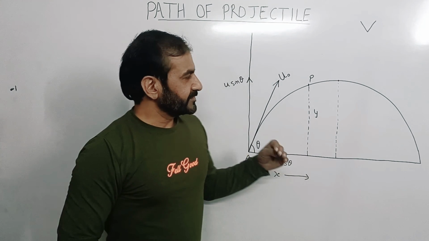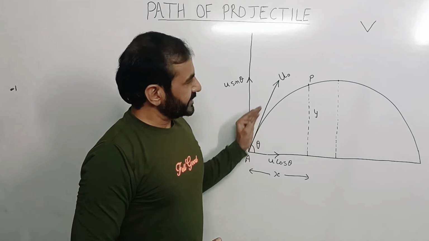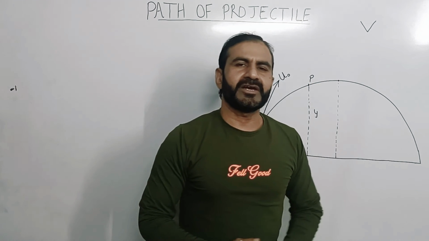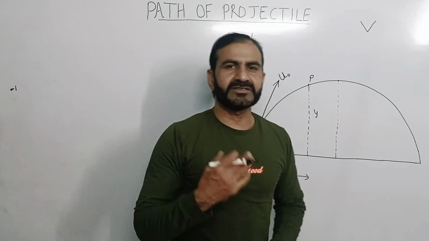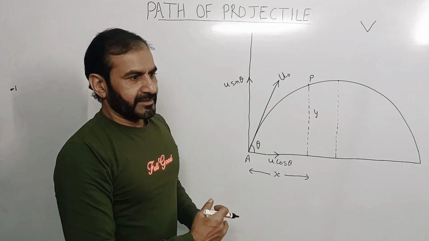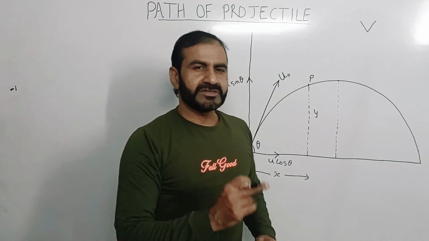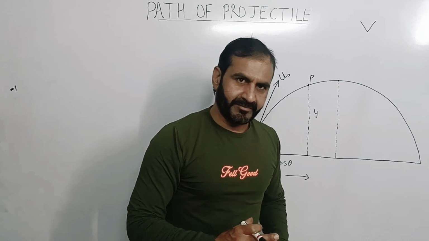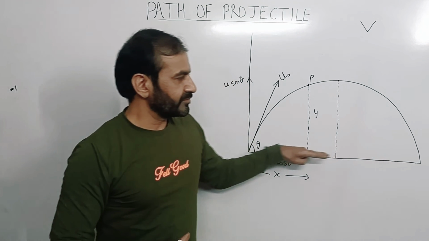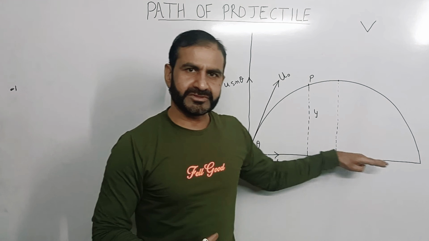When body is projected, or say it is in projectile motion, there is only one force acting on the body, and this is gravitational force, and its direction is vertically downwards. Say vertical motion is under the force of gravity, but there is no force acting horizontally, means horizontal motion is unaffected by any force.